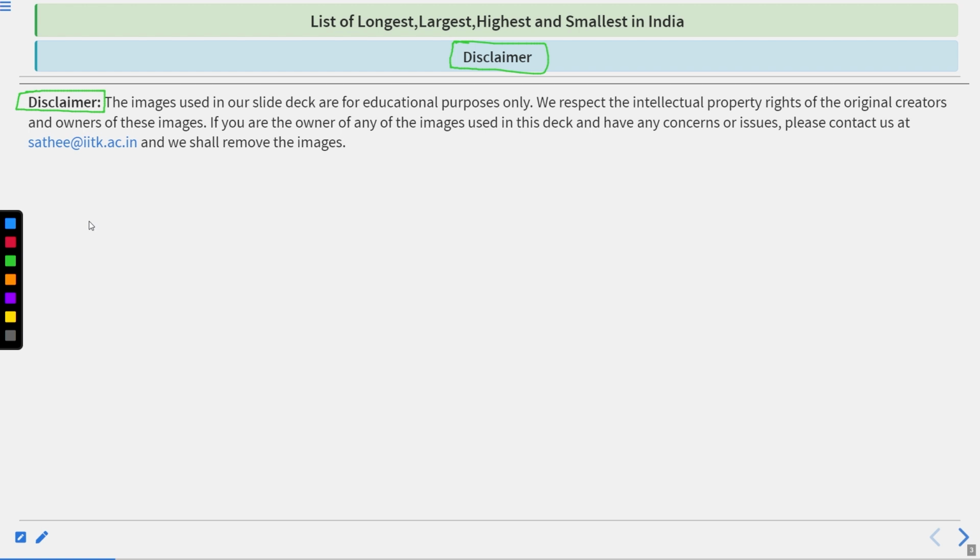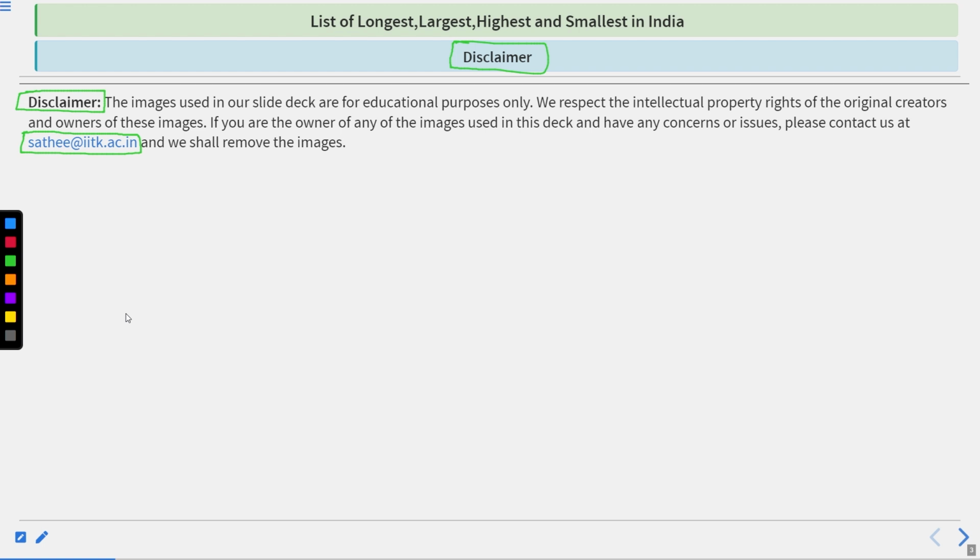If you are the owner of any of the images used in this deck and you have any concerns or issues, please contact us at sathee@iitk.ac.in and we shall remove the images.